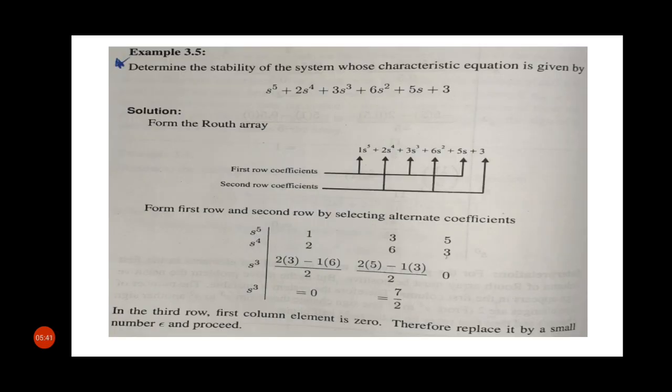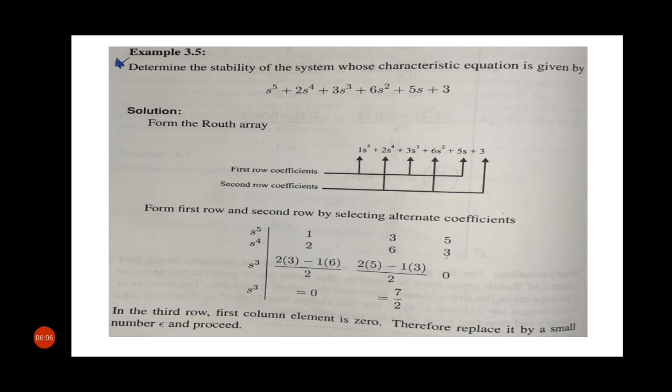So see the example. Here we analyze the stability of the system whose characteristic equation is s^5 + 2s^4 + 3s^3 + 6s^2 + 5s + 3 equal to 0. See the solution.